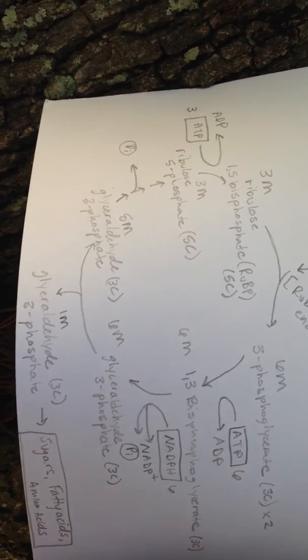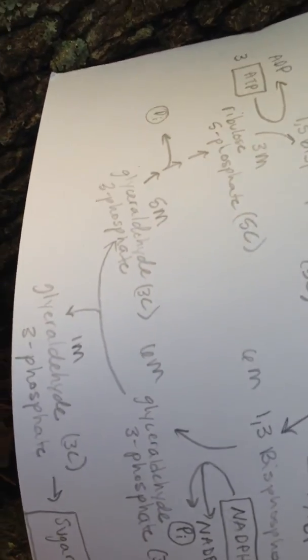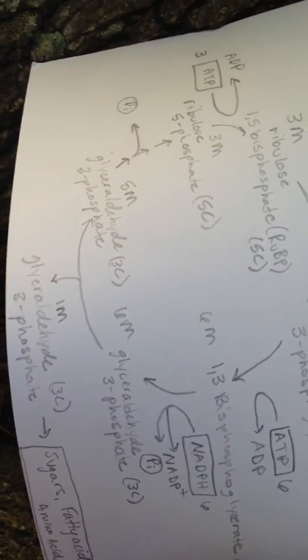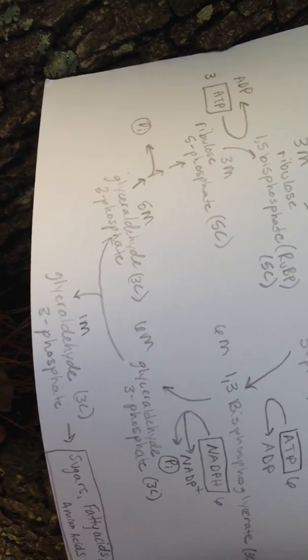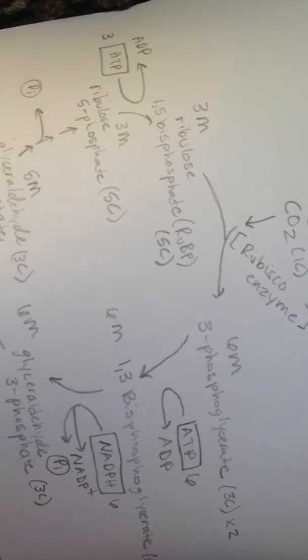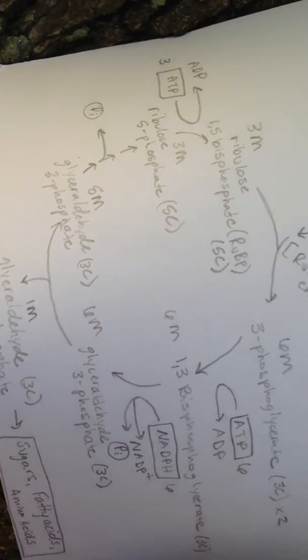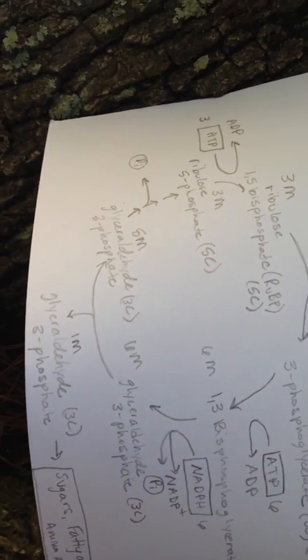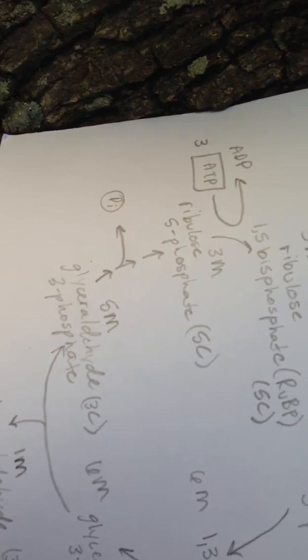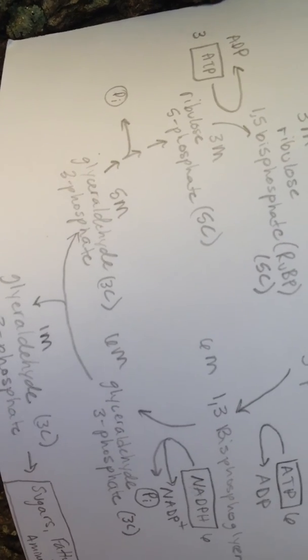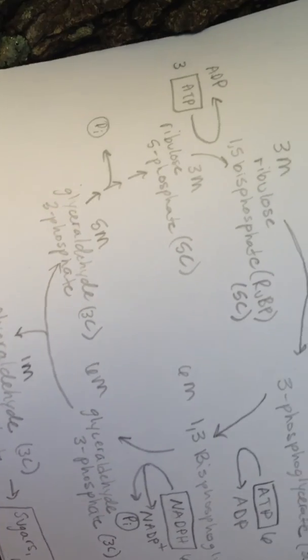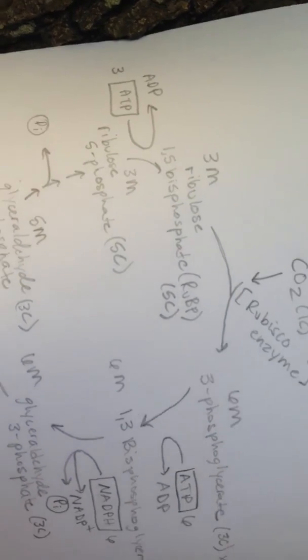We want a 5-carbon, so 5 molecules of a 3-carbon structure. You think, we want a 5-carbon sugar, but we only have a 3-carbon sugar. That's what makes this process so complicated. It's going to use many steps in between, and it's going to change from 5 molecules of 3-carbon to 3 molecules of 5-carbon.